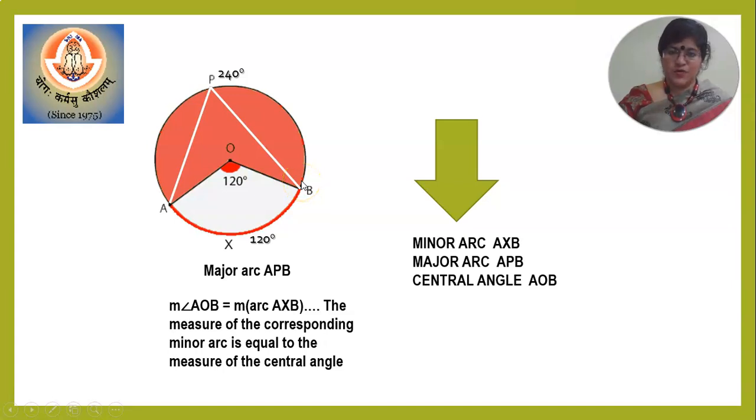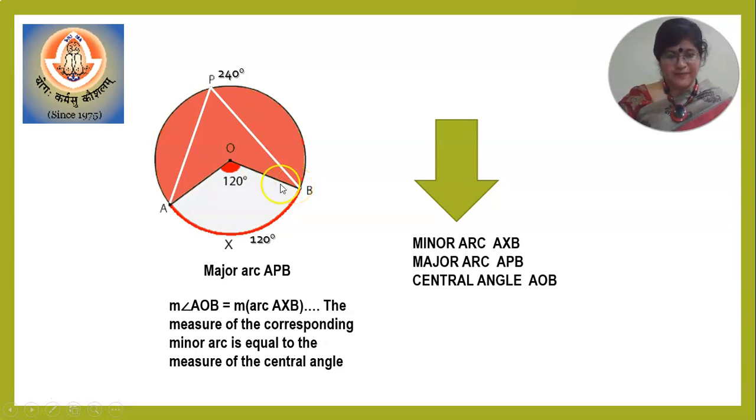Why does it correspond to it? Because see, starting letter A, ending letter B, you get an arc like this, and you have an angle like this, AOB. So if this is 120 degree, this arc is also 120 degree. If this angle is 140 degree, then this arc will also be 140 degree.